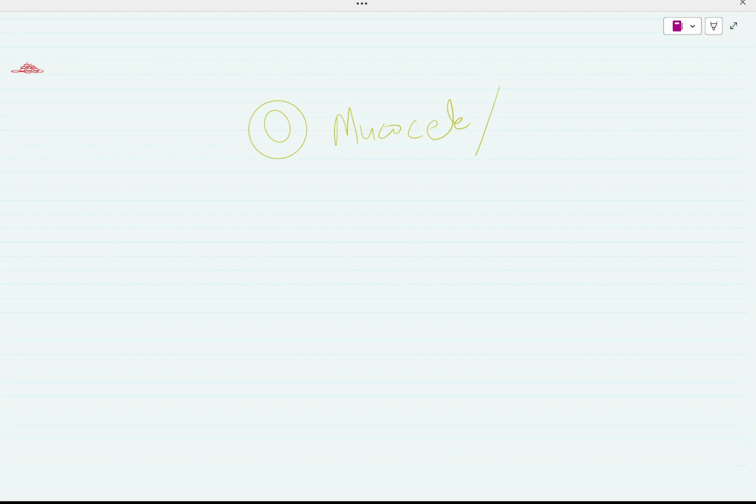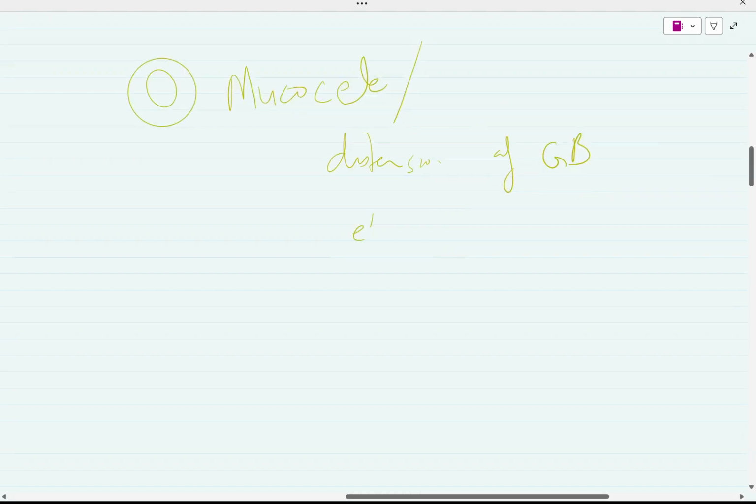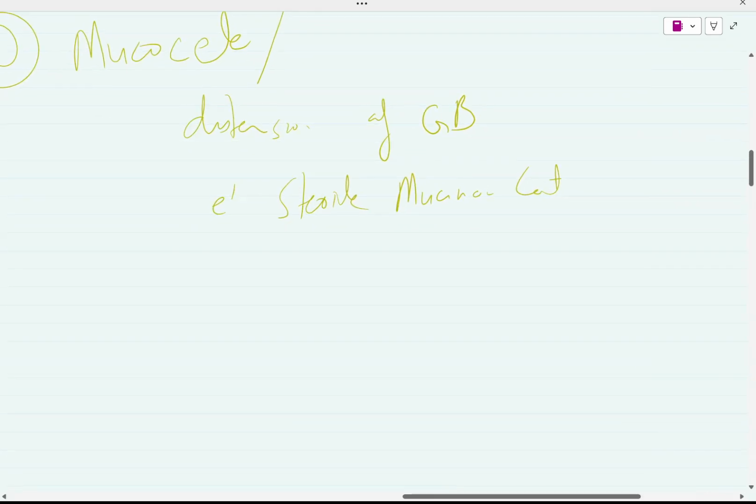There will be marked distension of the gallbladder with sterile mucinous content. Why? Due to biliary outflow obstruction.